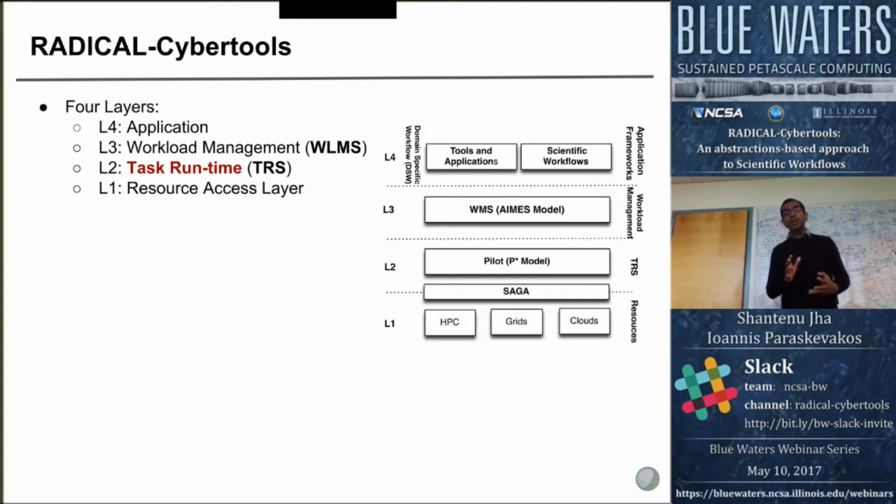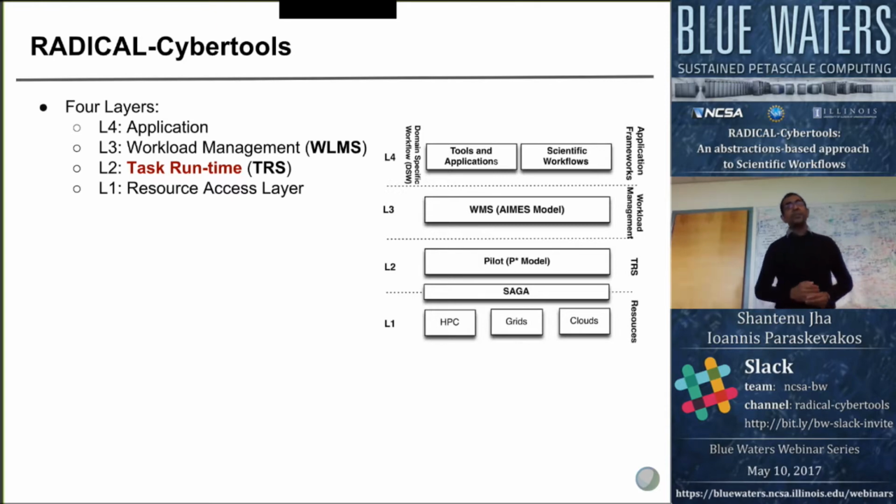I won't get into the details of distinguishing workflow and workload, but just think of workload as the set of tasks that need to be executed. And the important component is that of level 2, which we call the task runtime.